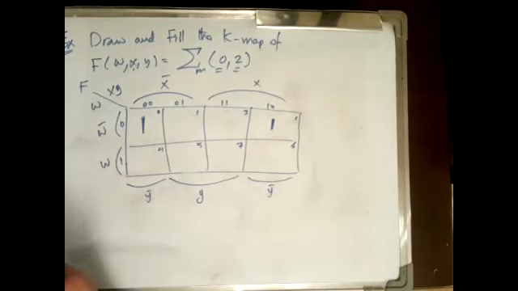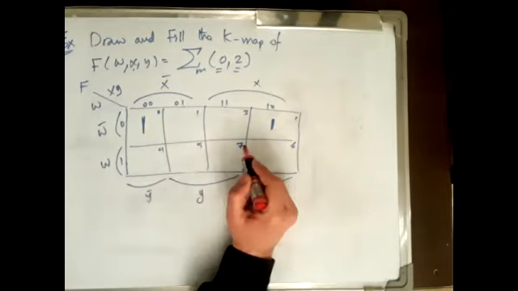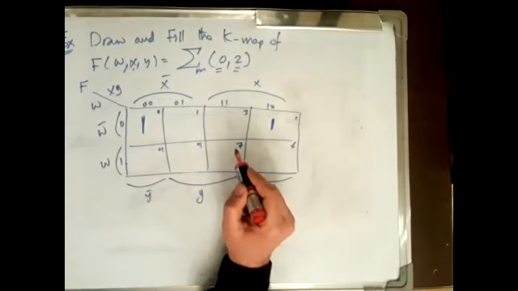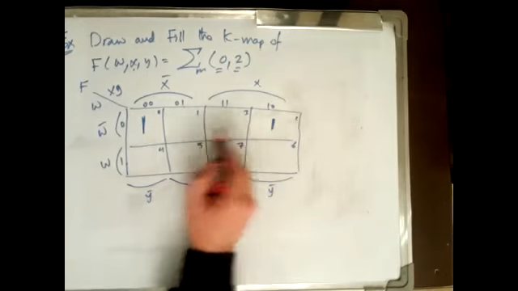So can we combine this square with this square? The rule in order to combine squares is that the squares have to be adjacent. They should have a common edge, or common side, or shared edge. Do these squares have a common edge?